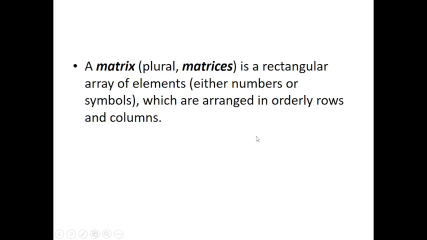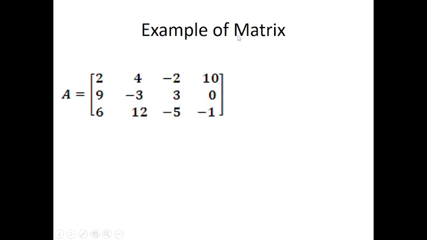When we talk about a matrix, the plural is matrices. This is a rectangular array of elements, either numbers or symbols, which are arranged in rows and columns. To give you an example, this is a matrix which has three rows: row number 1, row number 2, and row number 3.